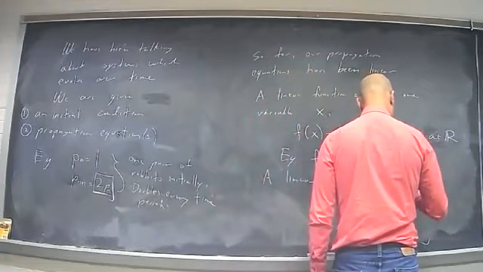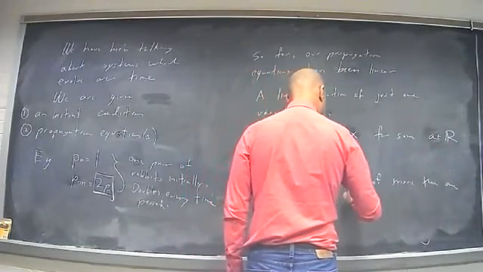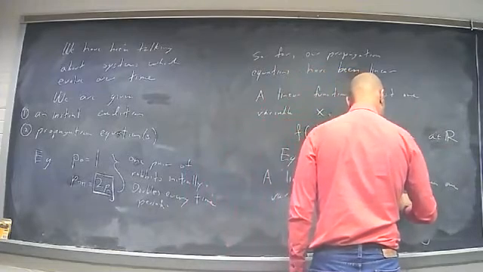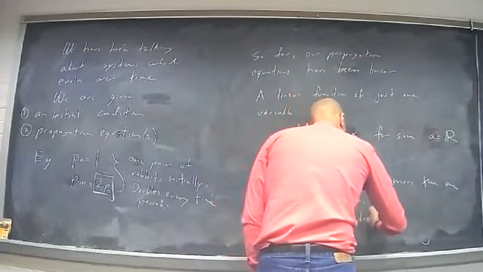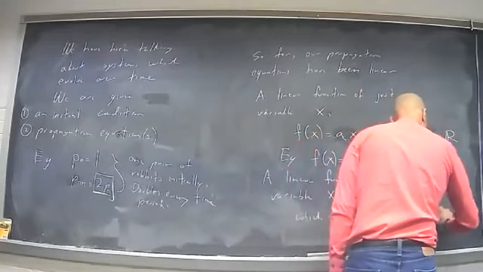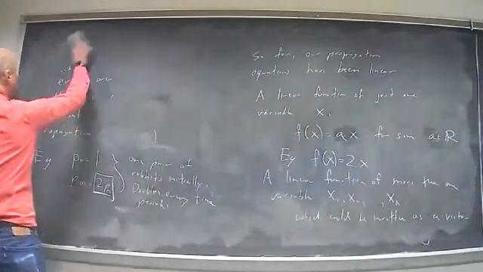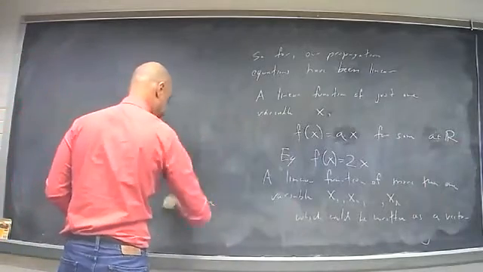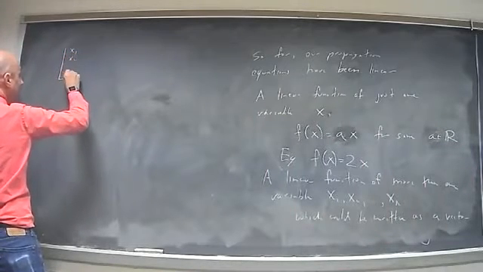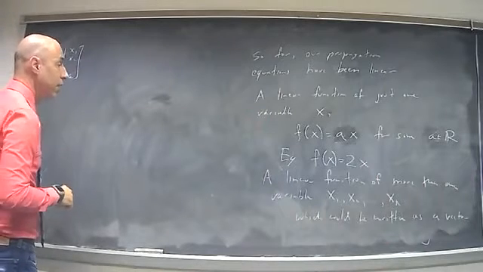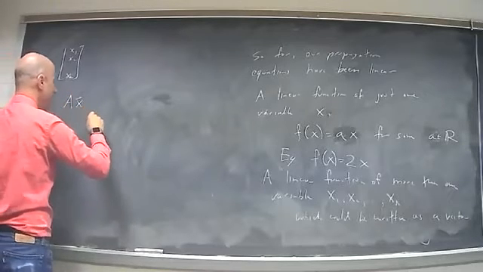So a linear function of more than one variable, let's say x1, x2, all the way up to xk, which I could write as a vector, I can write the function in this form, a times x, where a is an appropriately sized matrix.